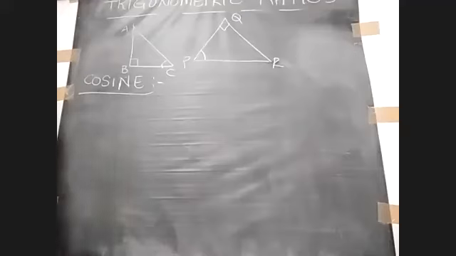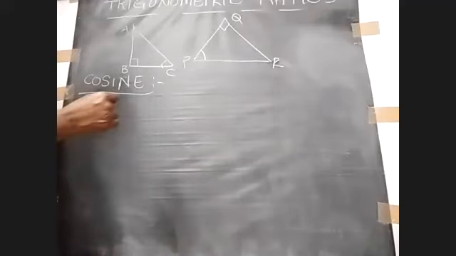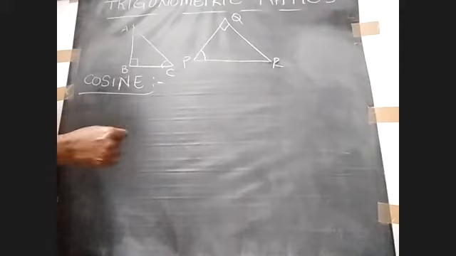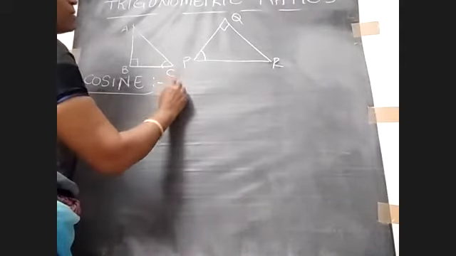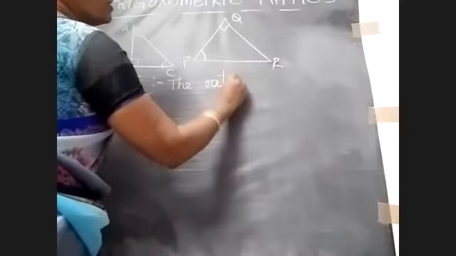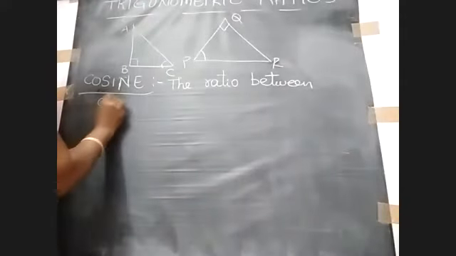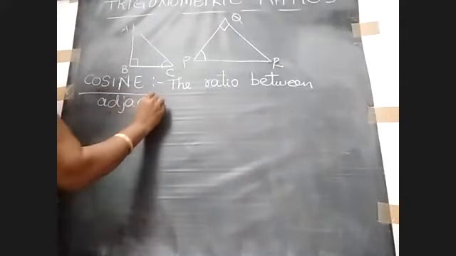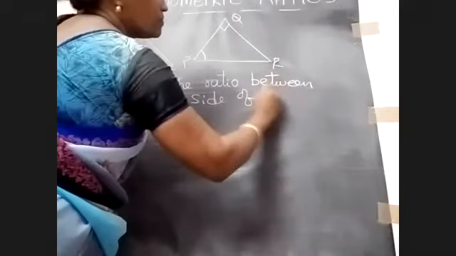So it is nothing but the ratio between the adjacent side of the given angle and the hypotenuse.